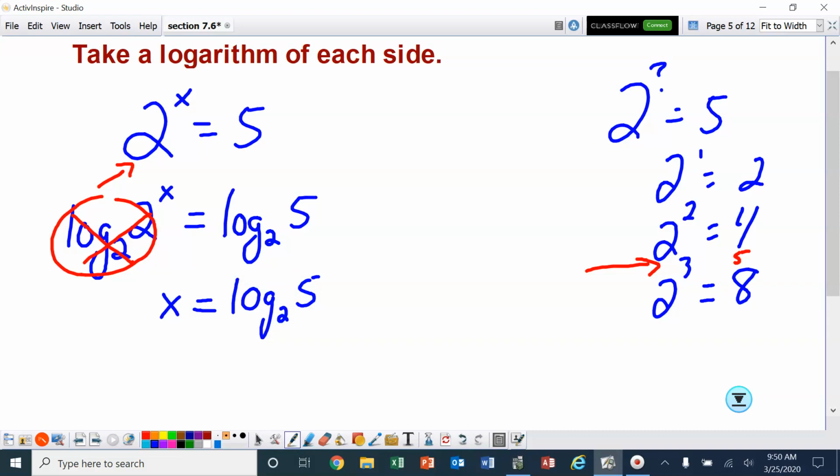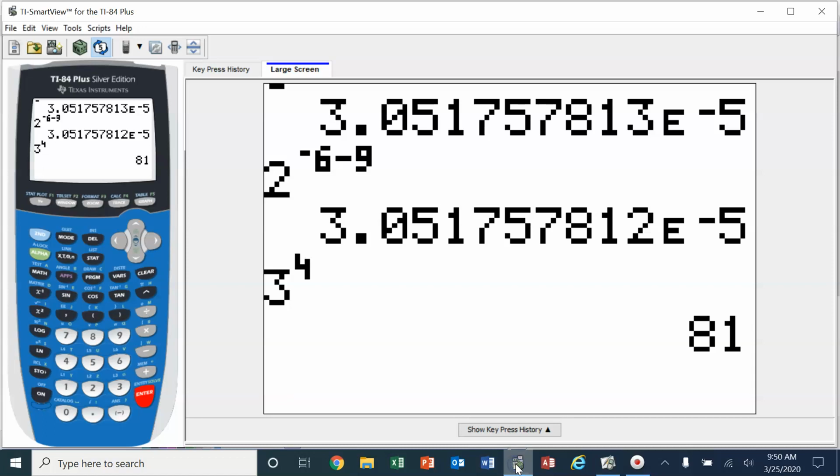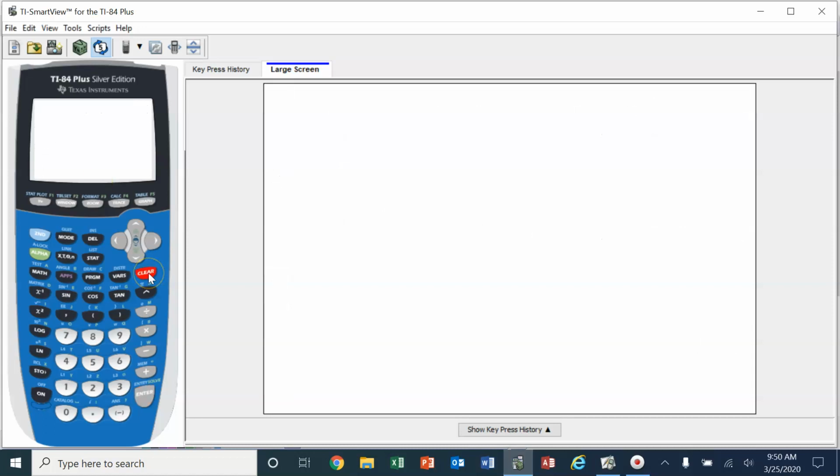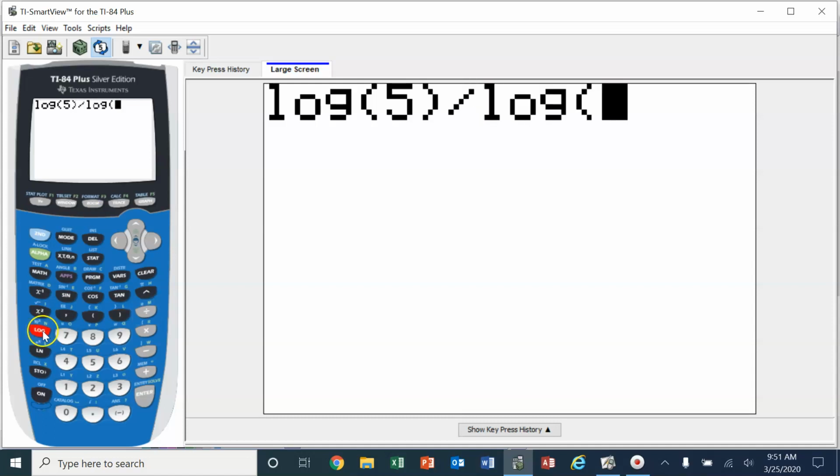Now remember, we have a change of base formula. And so what we can do now is take log of 5 and divide it by log of 2. And this is where the calculator is going to come in. So change of base formula, we can go log of 5, close it after the 5, divided by log of 2.